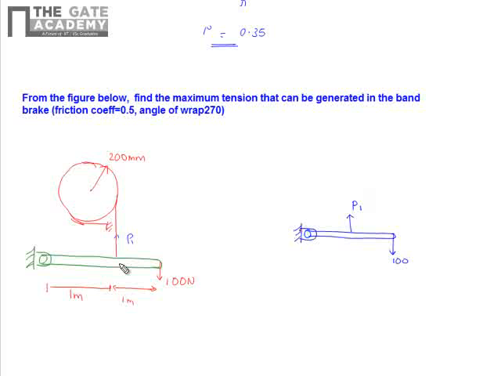So this is 1 meter, and this is again 1 meter. Therefore, taking moments about the hinge point, what we get is P1 into 1 is equal to 100 into 2. Therefore, P1 is equal to 200.